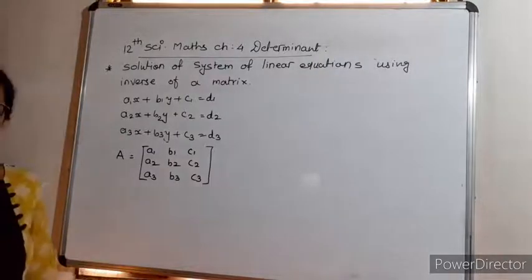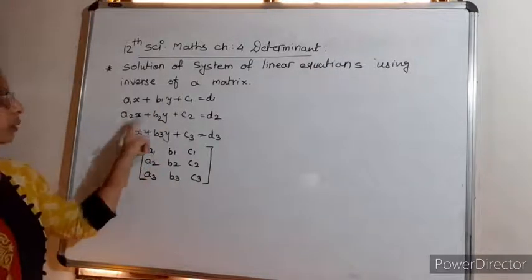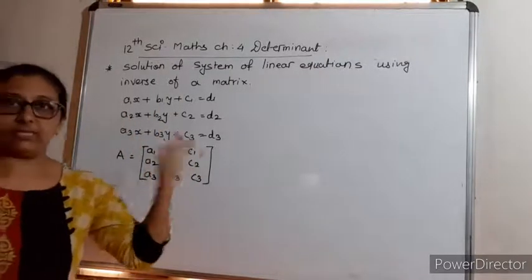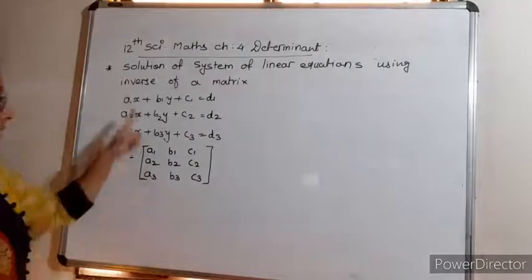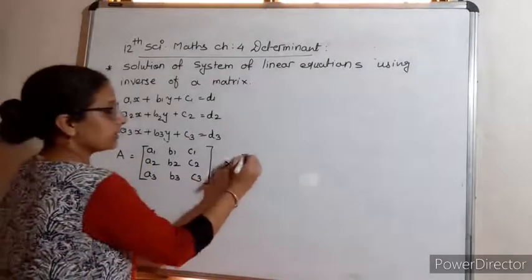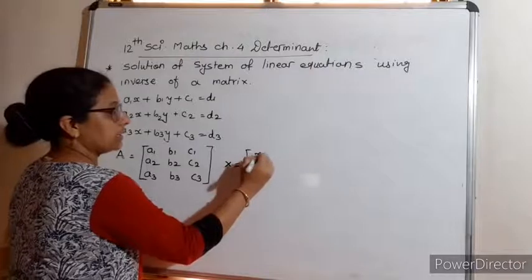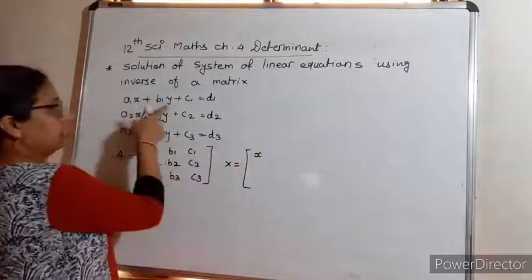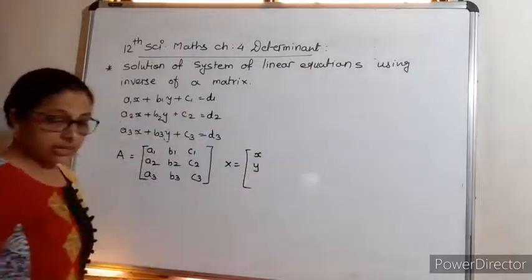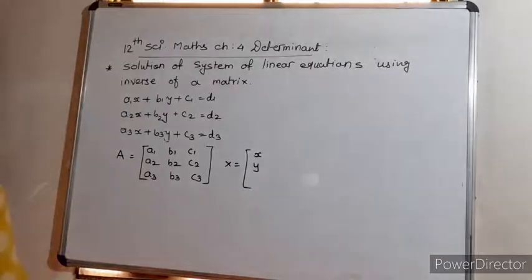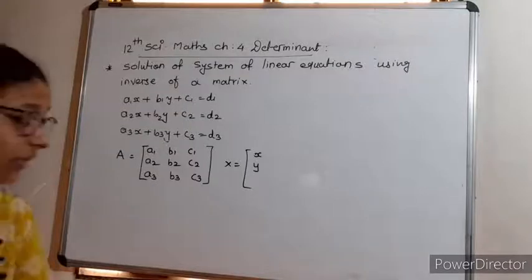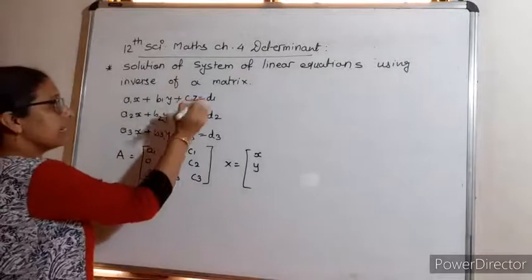This is our first matrix, the coefficient matrix. Now the second matrix is the variables x, y, z, right? Here z is not written, so we take c1z.